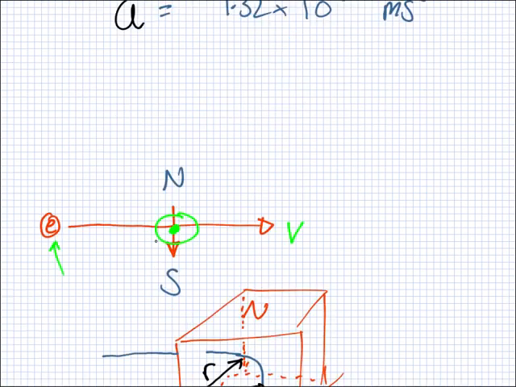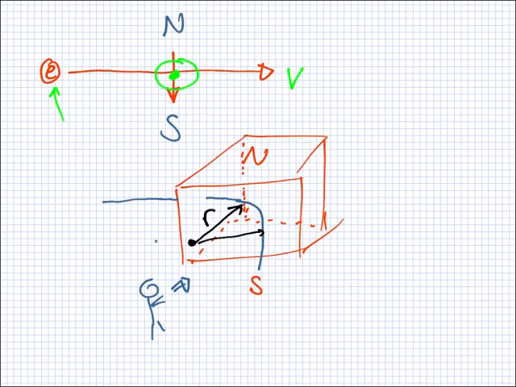Same problem, it's an electron. Calculate r. My hint is remember circular motion formulas in mechanics.